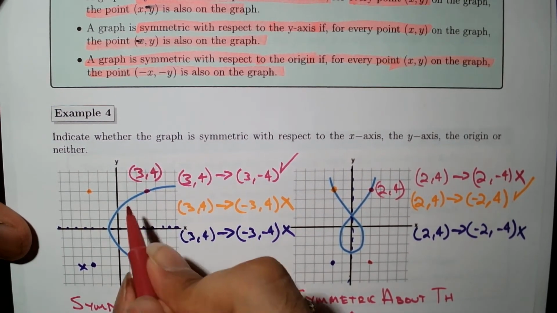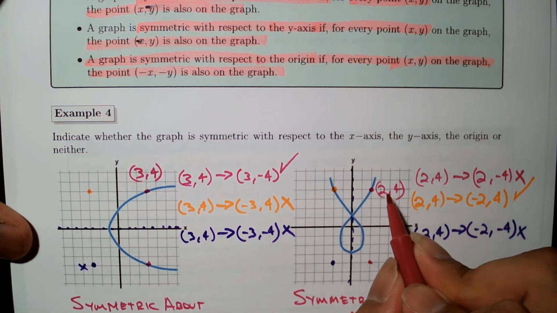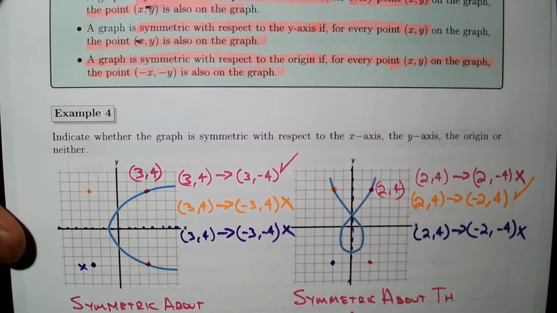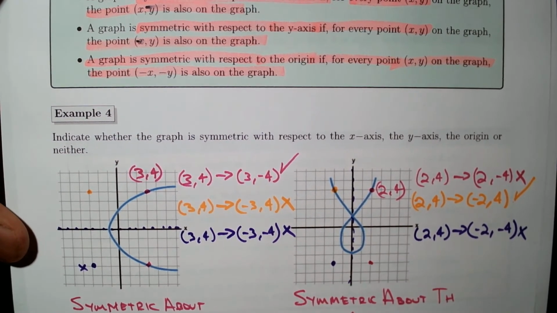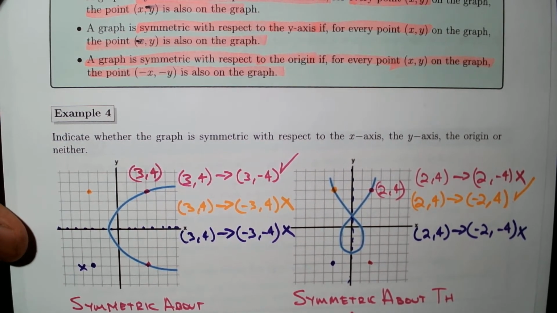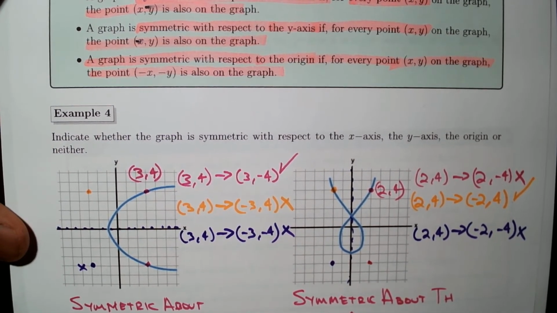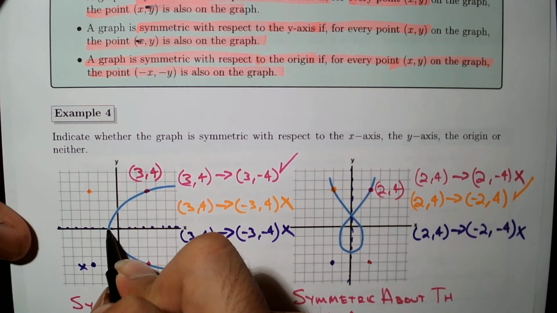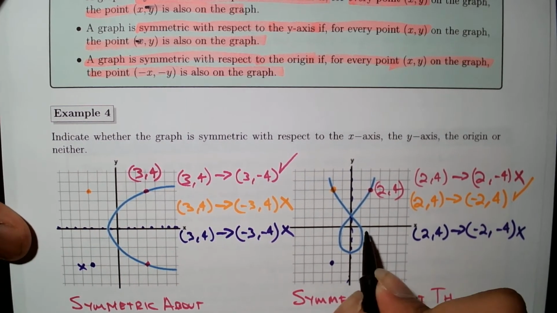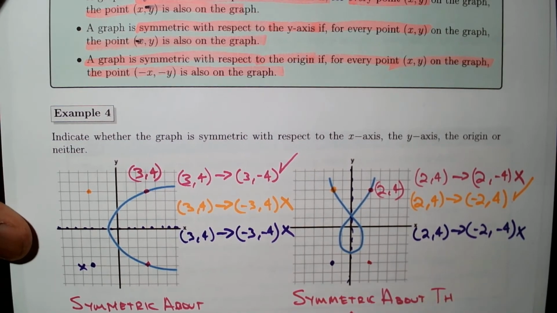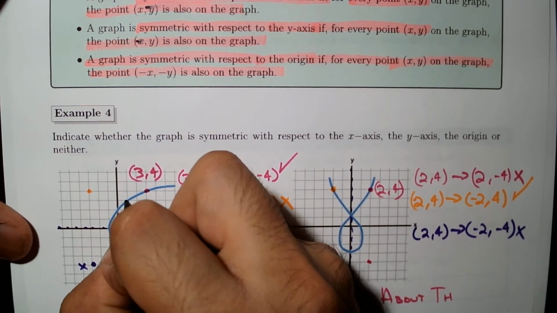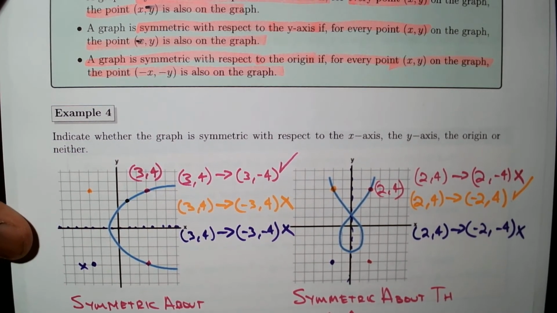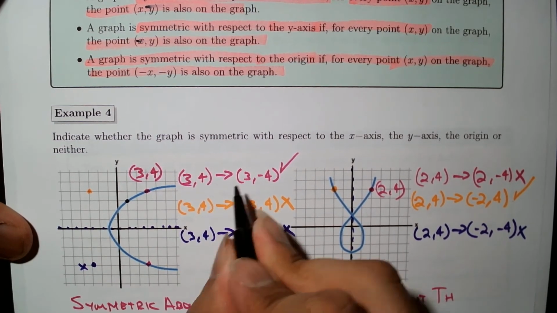Now in this case I chose the point 3 comma 4 and the point 2 comma 4 because they were easy to read, you know. However, you can do the test with your favorite point, preferably points that do not lie exactly on the y-axis or the x-axis. For example, I could have used the point 1 comma 3 and done the same.